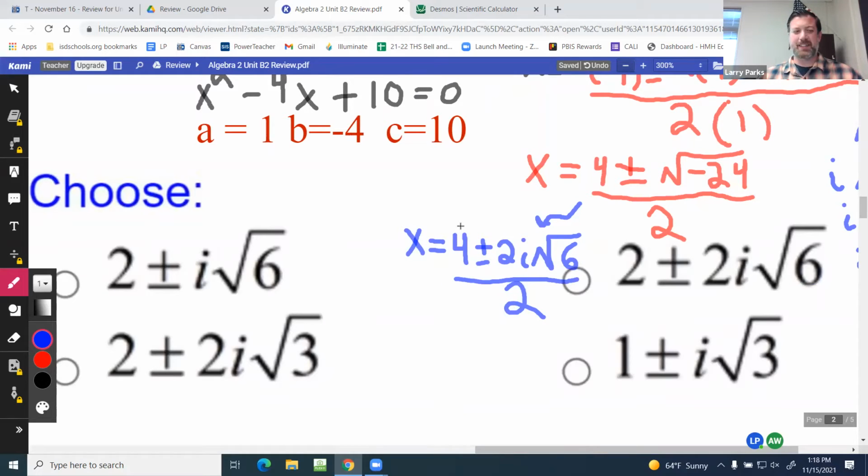If you notice that this number and this number and this number are all divisible by the same number, you can simplify. And they're all even, so I can divide them all by 2. So dividing them all by 2, I get 4 divided by 2 is 2, plus or minus 2 divided by 2 is 1.